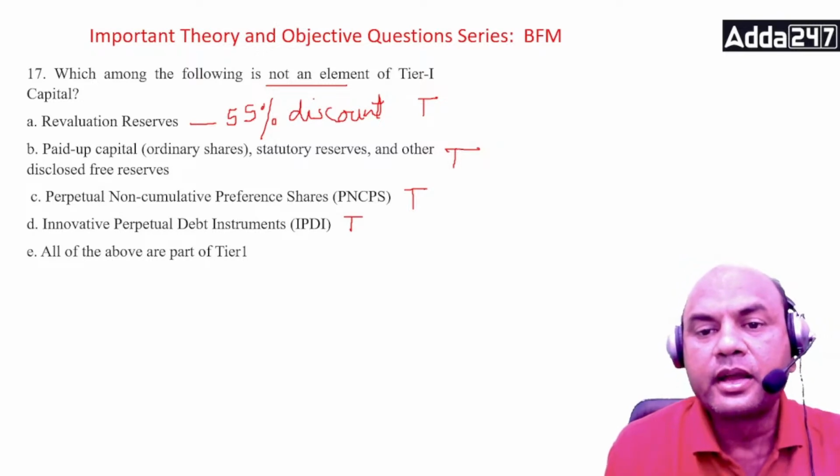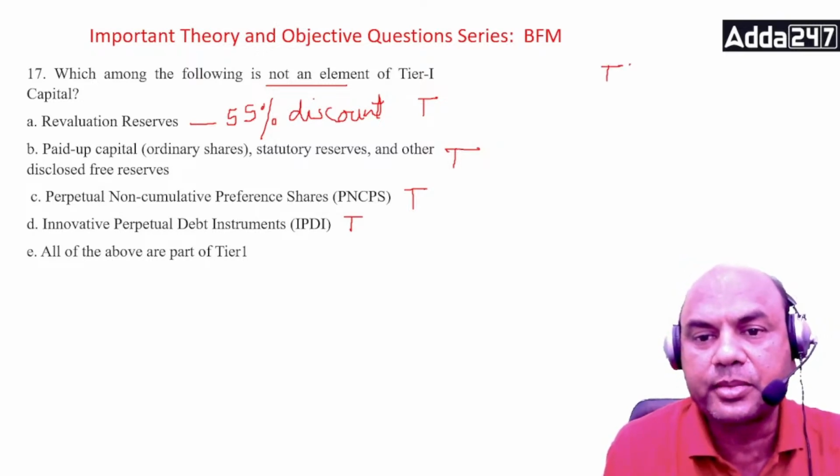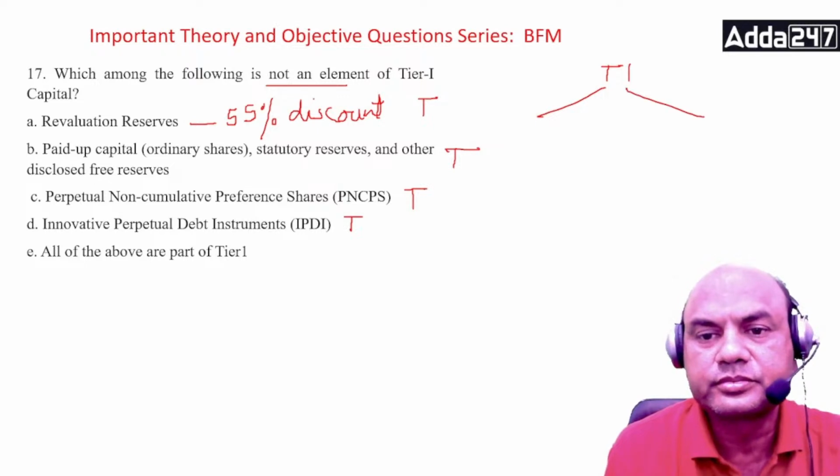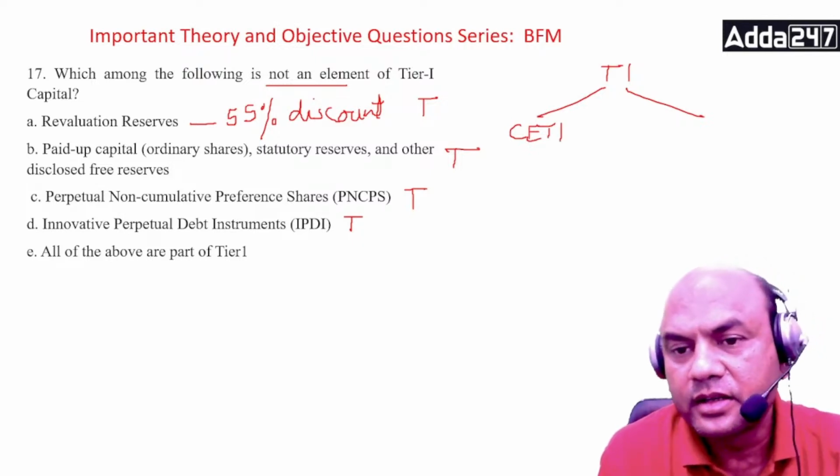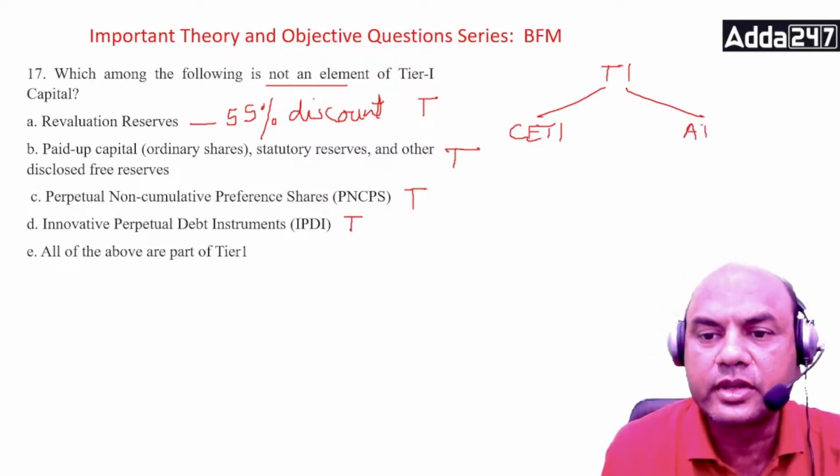Remember, tier 1 is made like this. T1 capital has two parts. One is CET1, and second is AT1, additional tier 1.